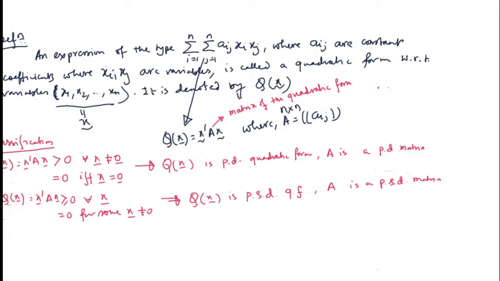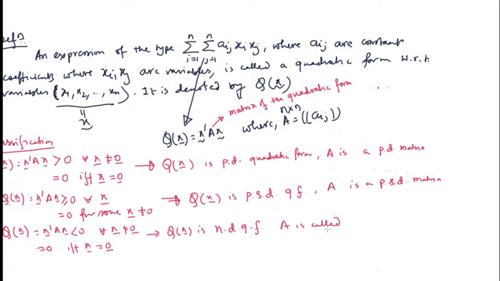Similarly, we define: if Q(x curl) equals x curl prime A x curl is less than 0 for all x curl not equal to 0 curl and equal to 0 if and only if x curl equals 0 curl, this is called a negative definite quadratic form, and the corresponding matrix A is called a negative definite matrix.